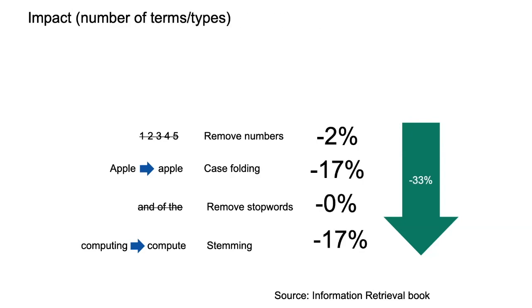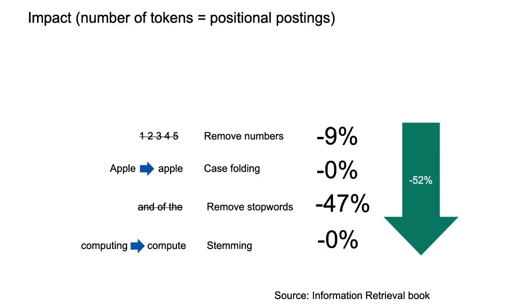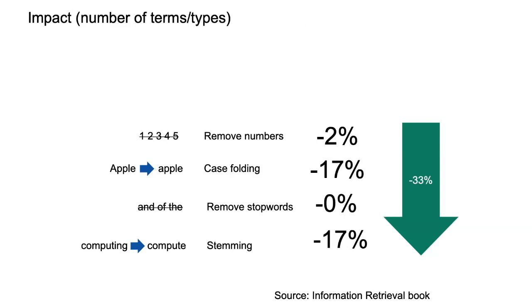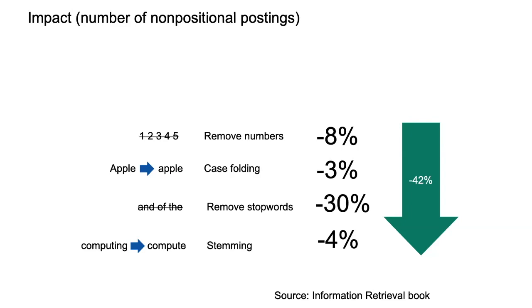And so if you apply all of this together, you see cumulatively minus 33%, minus 42%, minus 52%, right? So that means that on the height of the index, I can remove 1/3. On the blue rectangles, the postings, I can remove 42%, and 52% we don't actually store in the index, except in the positional index, then we would get minus 52%. Yes?